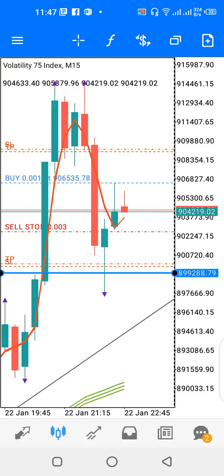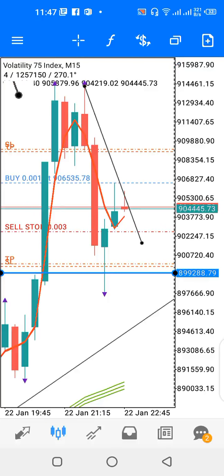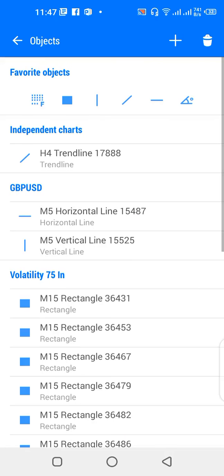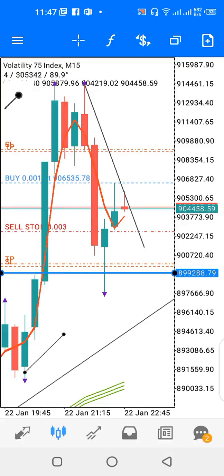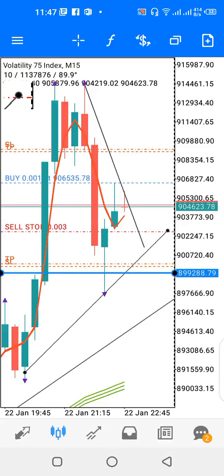But for now, you can easily try to find the direction price is heading to, as price ranges, it tends to form a direction.